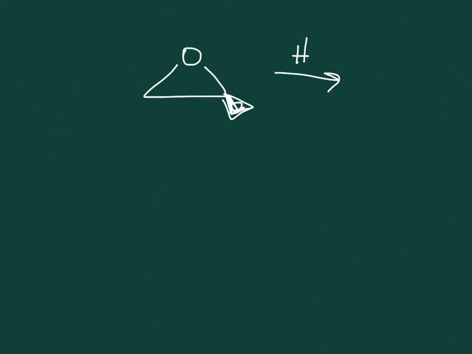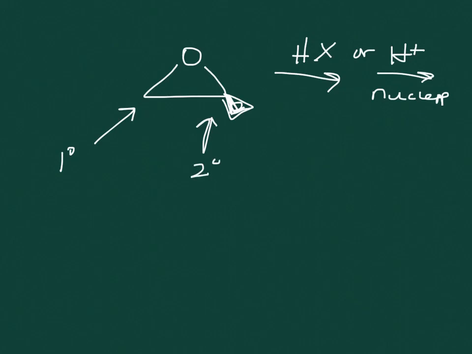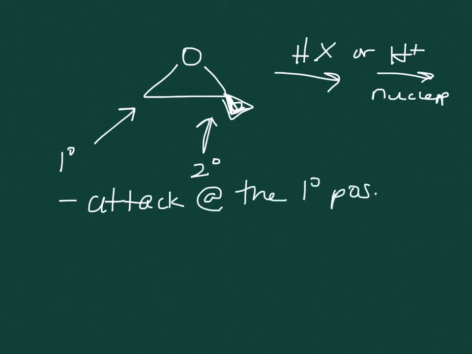Again, it can be HX or it can be H plus in the presence of another nucleophile. Okay, so if we have a primary and a secondary, we will have attack at the primary position after protonation.